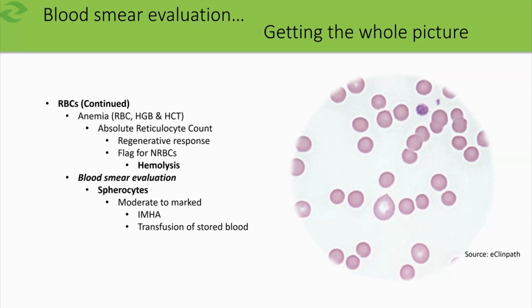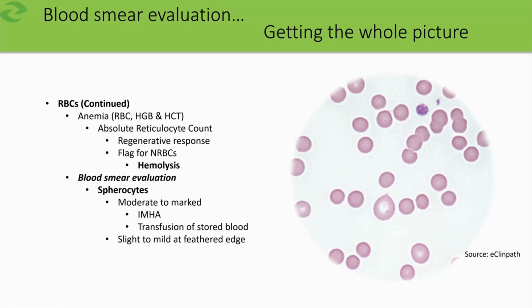And there's really no way to distinguish the number of spherocytes that are patient associated versus transfusion associated. So it can be difficult to monitor response to therapy when you're using stored blood for transfusion. For transfusion of fresh whole blood, don't expect to see spherocytes with that. So just be aware of that, a little caveat.